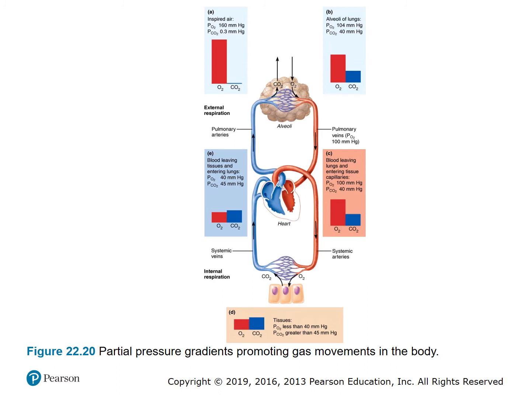The partial pressure of oxygen is less than 40, and CO2 is greater than 45 millimeters. This is where the two get exchanged. And E is the venous return, the blood leaving the tissues and entering the lungs. The partial pressure of oxygen is 40, and that of CO2 is 45 millimeters of mercury.